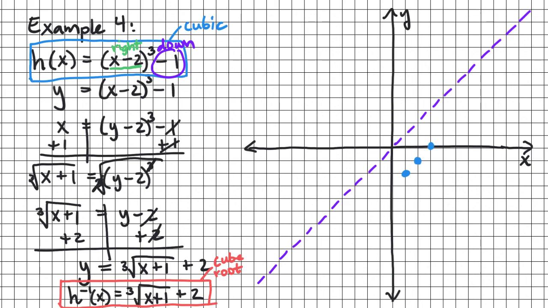So if I graph that, it's going to be 1, 2, 3, 4, 5, 6, 7, 8. And then going up 1, 2, 3, 4, 5, 6, 7, 8. Right about here. Okay, so I'm going to connect it.